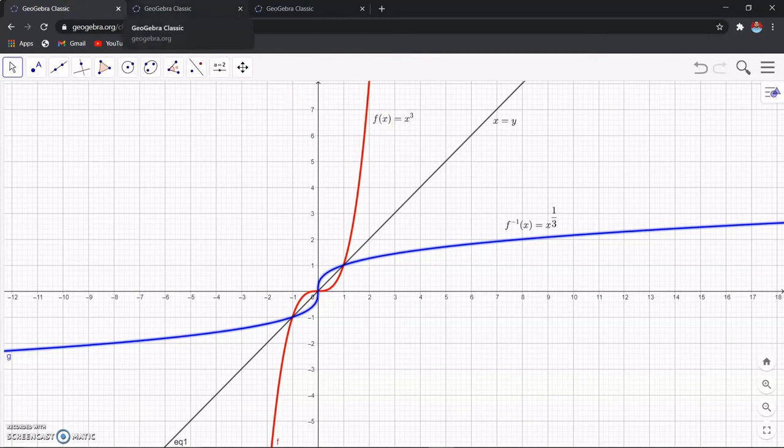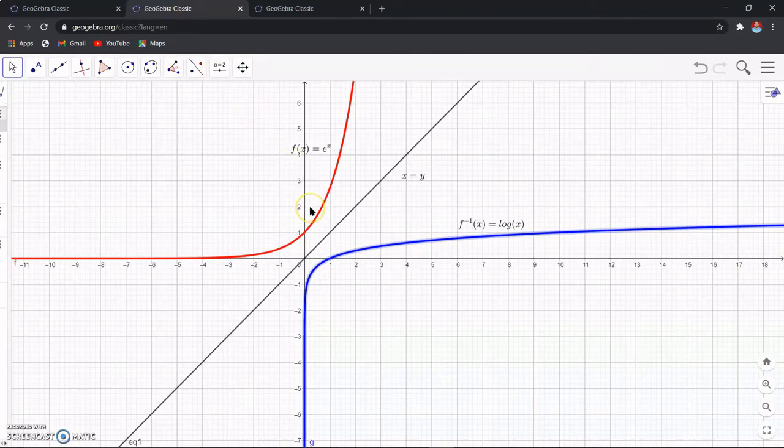All right, so one more function is this one, the exponential. If you plot the graph of the exponential function, you will see that it is somewhat like this, the red line that you can see. Okay, that's the graph of e raised to x, the exponential function. This line passing through the origin is the line x equal to y, and the blue graph that you can see here is the inverse of the exponential function, that is log x.